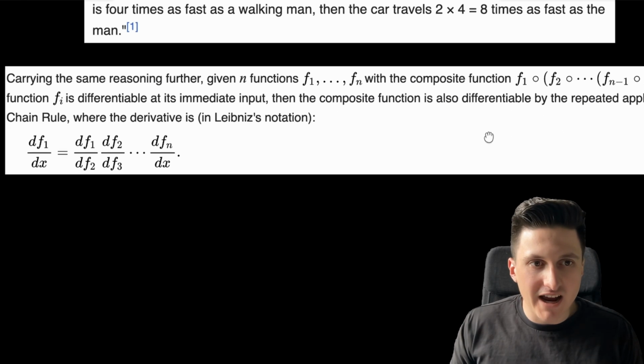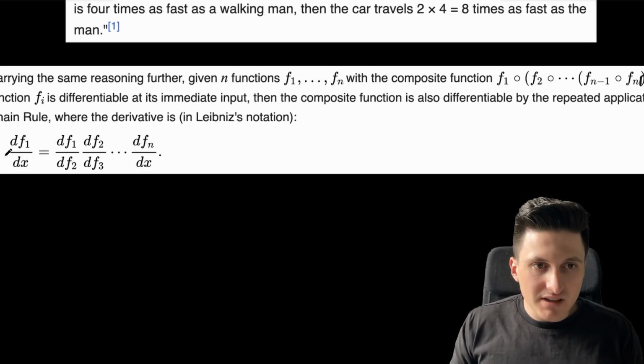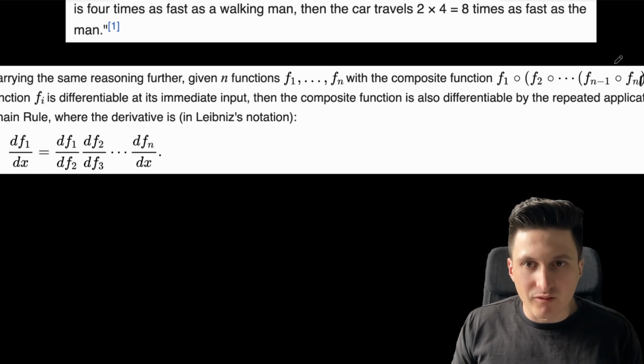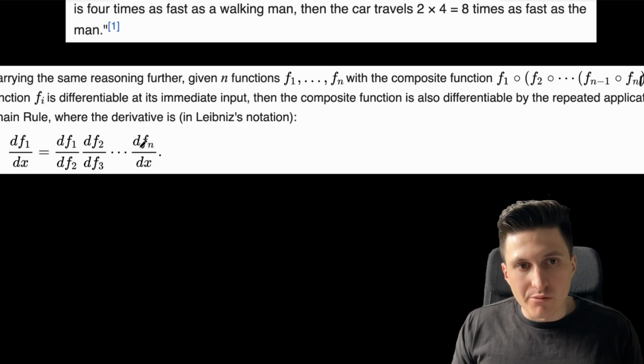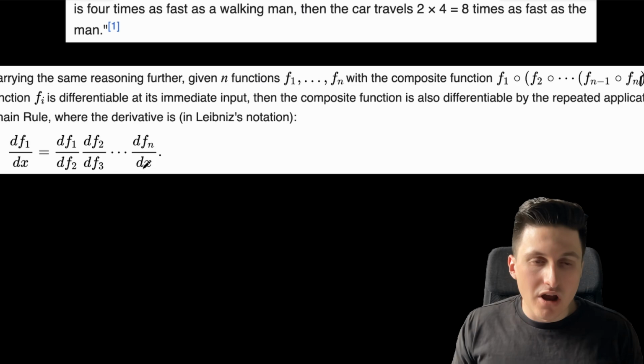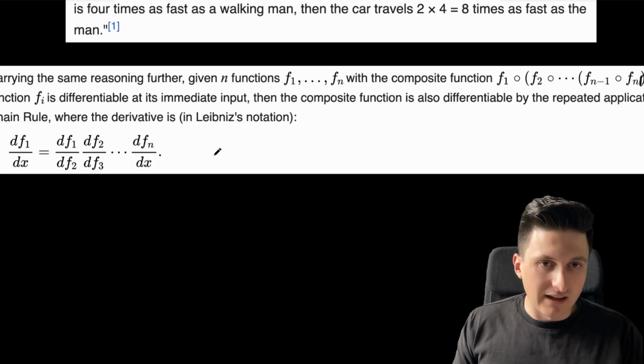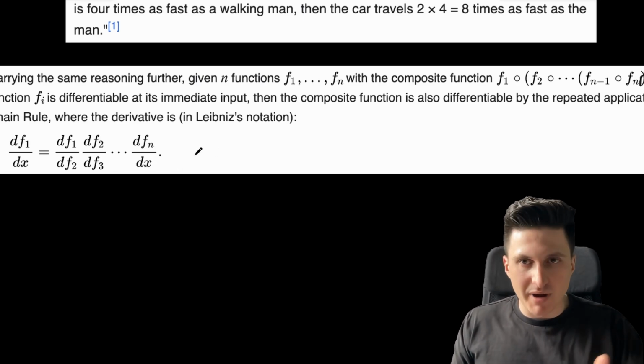We see that if we want to calculate the derivative of f_n with respect to x, and f_n doesn't directly depend on x, then we have to multiply this whole chain of derivatives until we eventually arrive at the function f1, for which we can actually calculate the derivative with respect to x.